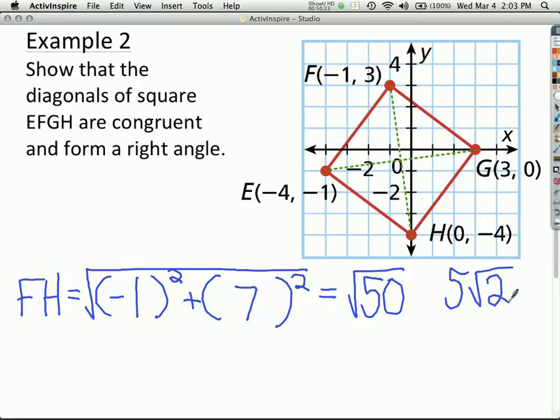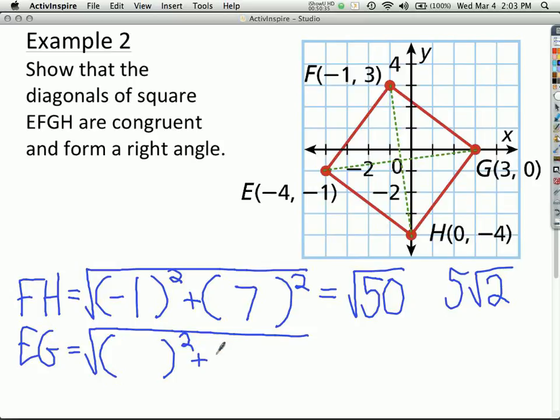Okay? So now we need the distance of EG to compare. So, distance formula for EG is the square root of the differences of the x's squared plus the differences of the y's squared. Same process. -4 minus 3 is -7 squared. And -1 minus 0 is -1 squared. Hopefully you can already see.